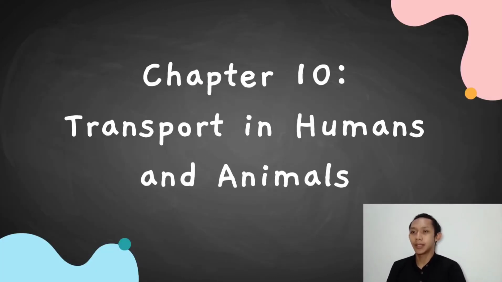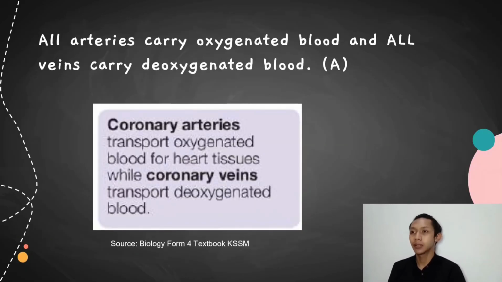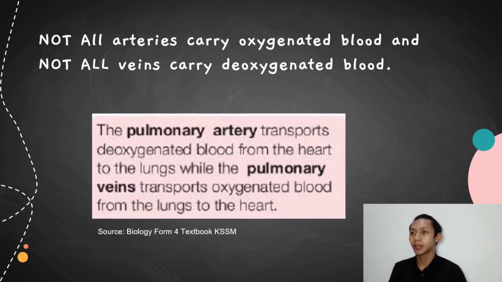Okay, next is chapter 10, which is transport in humans and animals. Okay, the misconception of this chapter is that all arteries carry oxygenated blood and all veins carry deoxygenated blood. The student has this misconception after learning the topic, which is in the exam. As the textbook mentioned, coronary arteries transport oxygenated blood and coronary veins transport deoxygenated blood. Okay, next.